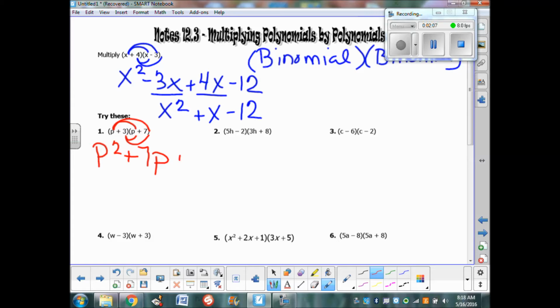So 3 times p is plus 3p, and then 3 times 7, which is 21. Look to see if there are like terms to combine. We know we have p squared plus 10p plus 21. Final answer, simplify.